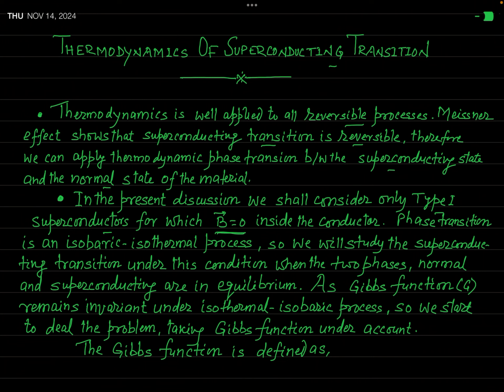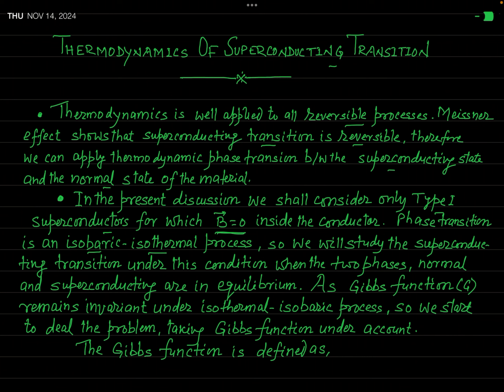Now, when you have studied the phenomenon of phase transition, you have seen that phase transition always takes place at a particular pressure and temperature. So during a phase transition, pressure and temperature both remain constant. So phase transition is simply called an isobaric isothermal process.